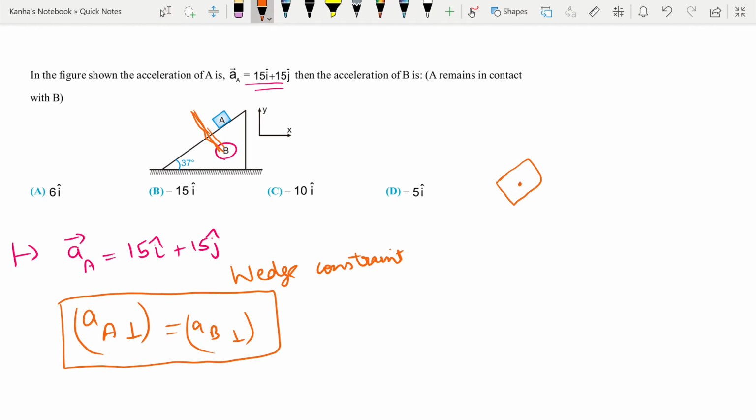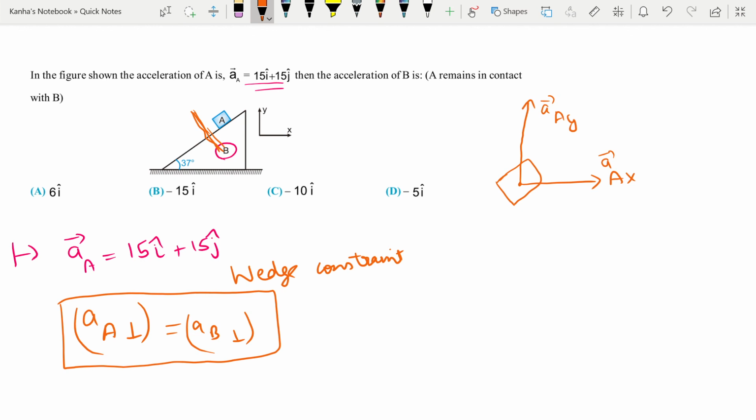This is my center of A. This is my acceleration of A in the x direction, and this is my acceleration of A in the y direction. This has been given to me as 15 and 15.